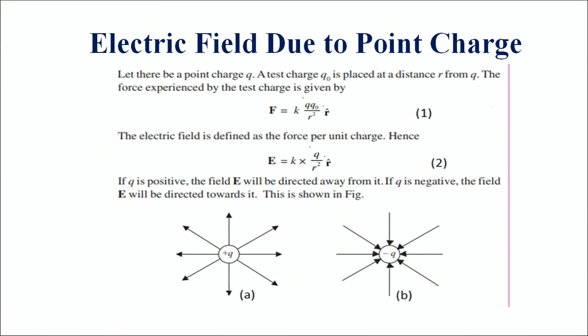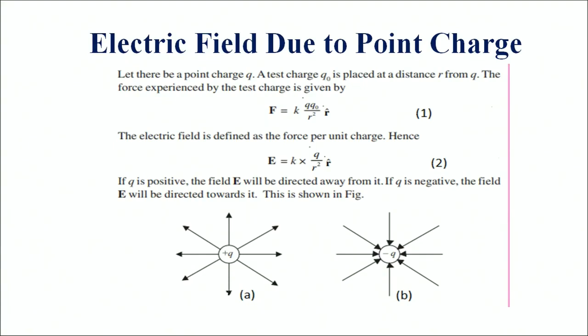Here R is the distance between the charge Q and the test charge Q naught, and R cap is the unit vector directed from the charge to the test charge. Then, by definition of electric field, it is the force divided by the magnitude of the test charge. So, E will be equal to F upon Q naught. So, the expression for it will be E is equal to K Q upon R square into R cap.